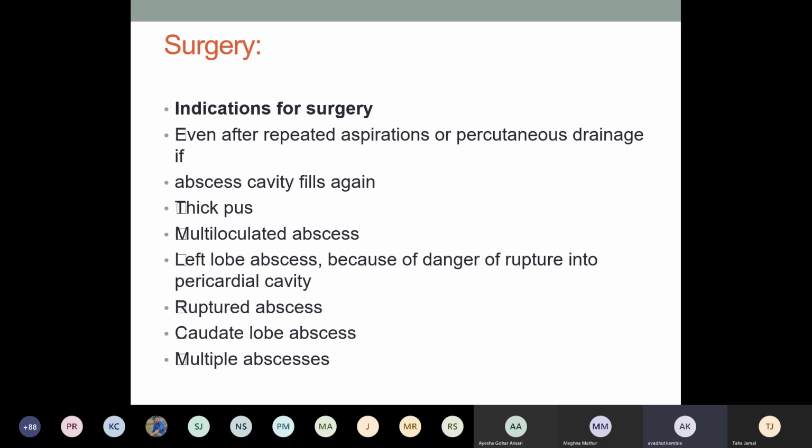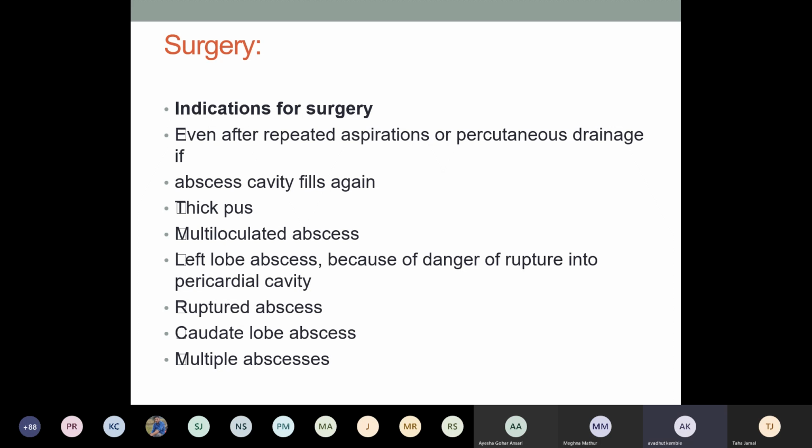Coming to surgery, indications for surgery are: even after repeated aspiration and percutaneous drainage, the abscess continues; repeated refilling of the abscess cavity is occurring; thick pus which cannot be drained by small beveled needles, pigtails and other things.